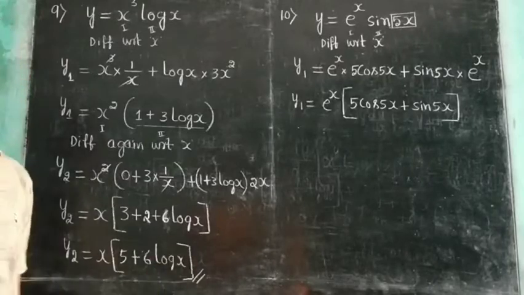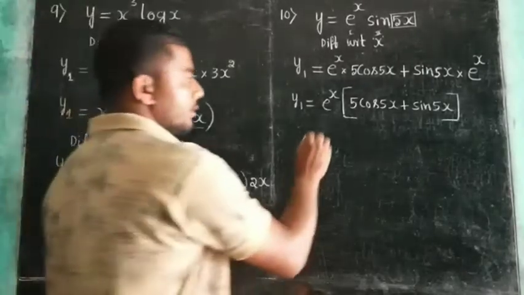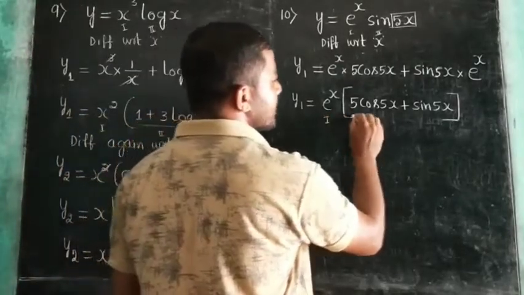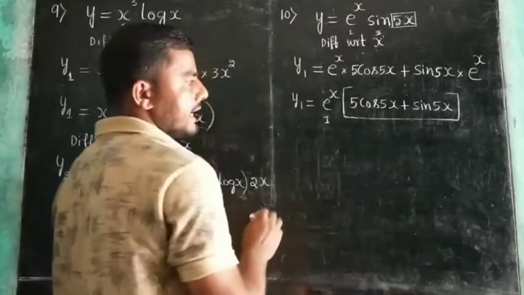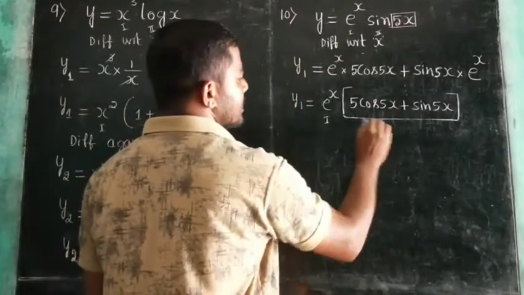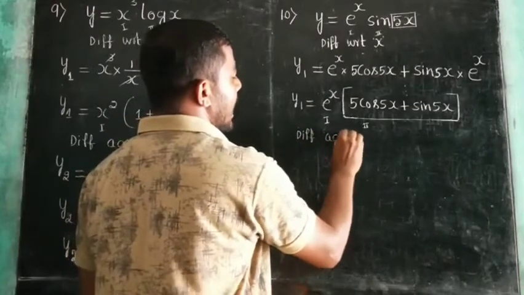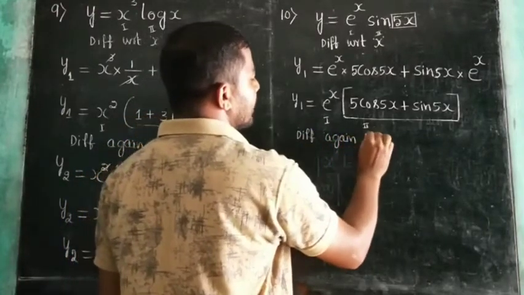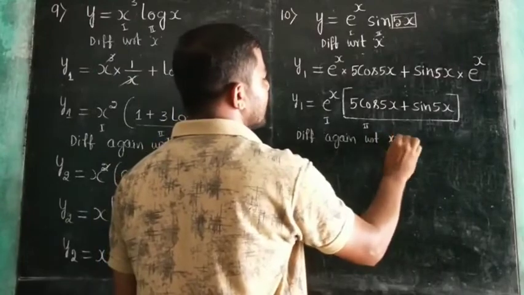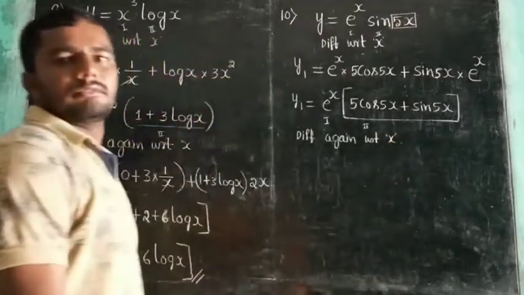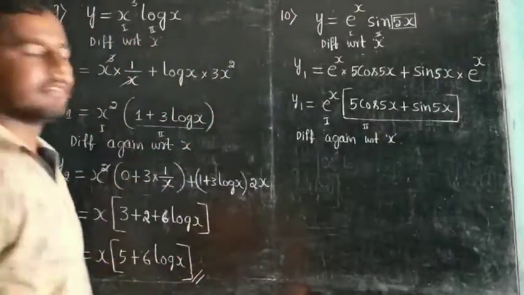We want the second derivative. Once again, use the product rule. This is the first one and this is the second one. Differentiate again with respect to x. What is the derivative of y1 with respect to x?